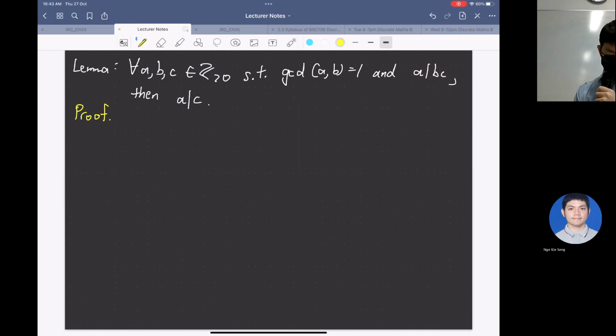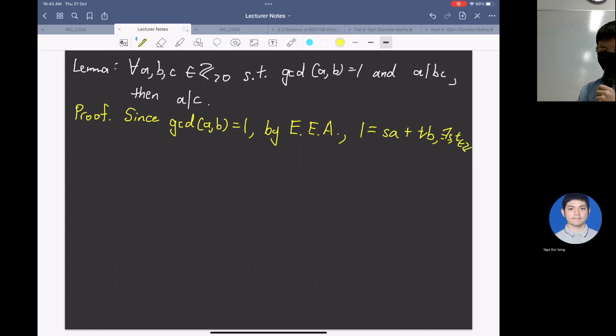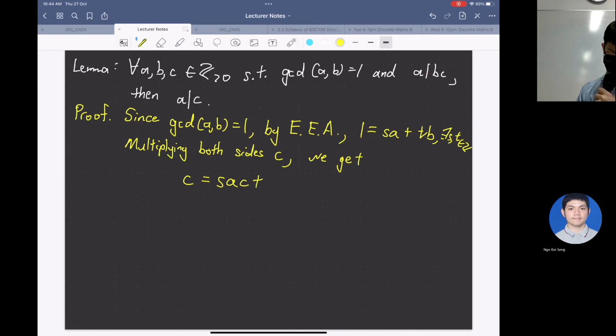To explain this, since the GCD of A and B is 1, this means we can express 1 by the extended Euclidean algorithm as a sum of multiples of A and B. Your goal is to show that A divides C. So from here, maybe you can try multiplying both sides by C. What do you get? We get C equals SAC plus TBC.